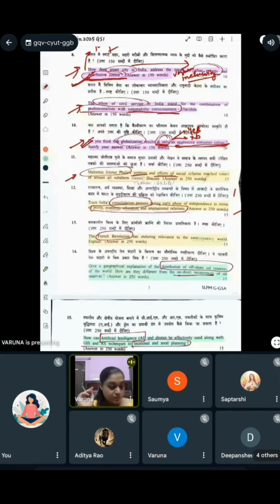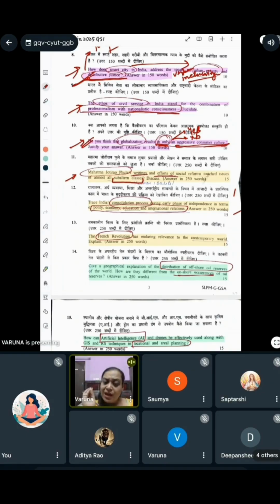So the next question was related to Mahatma Jyotirao Phule: his writings and efforts of social reform touched issues of almost all subaltern classes. Discuss. See, as I was telling you before, there is the kind of vocabulary we can learn, subaltern classes.